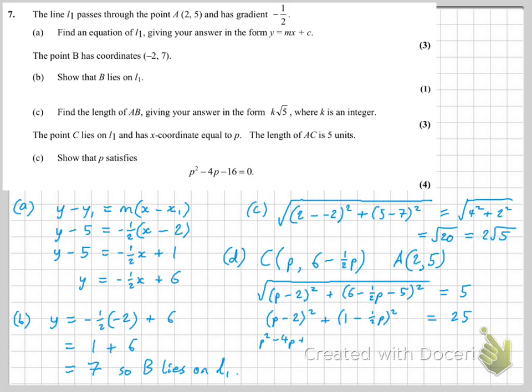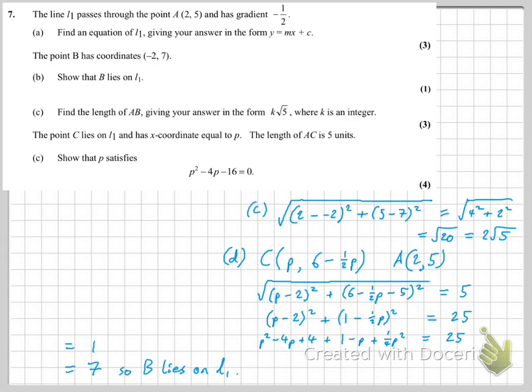Now we need to expand everything. Take time over this expansion. I'm potentially missing out a step here, and running out of space. Let's gather together the like terms on that left-hand side. We've got 1 1/4 p squared, or 5 quarters p squared. We've got minus 5p. We've got 5, and that all equals 25.